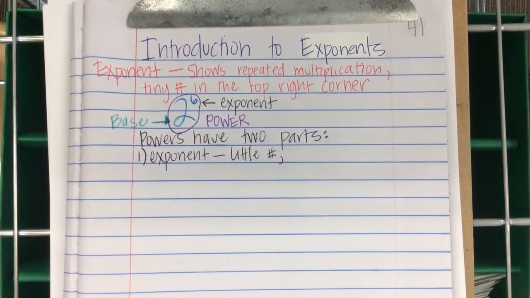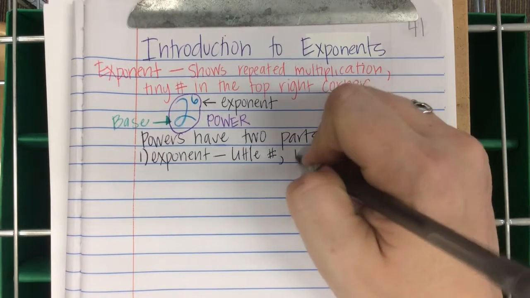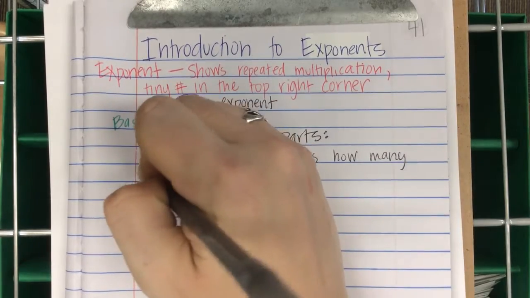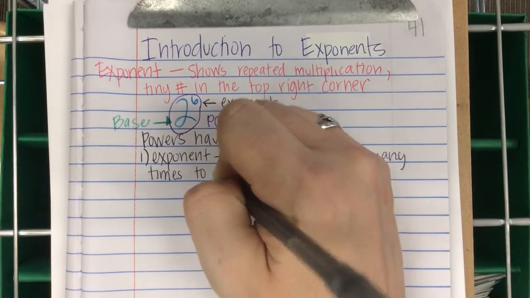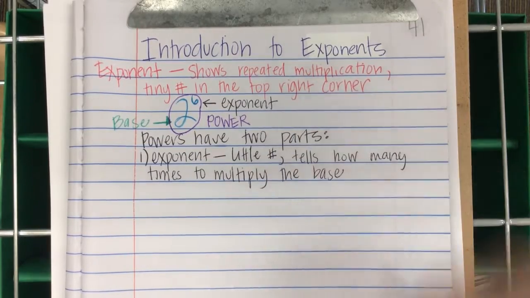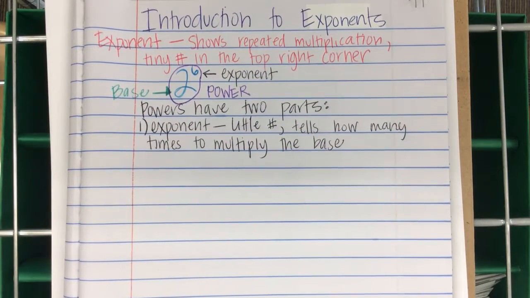What does that exponent of 6 mean? Julia, what does 6 mean in this problem? It tells how many times to multiply the base. The exponent, that little tiny baby number, tells us how many times to multiply the base.